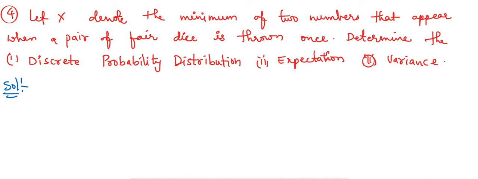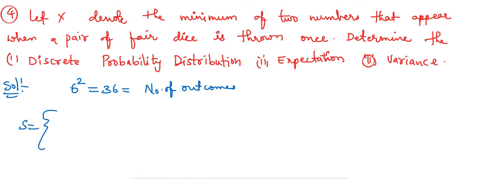First, we know that one die has 6 faces. We are throwing 2 dice, so the total number of outcomes is 36. The sample space has 36 outcomes.